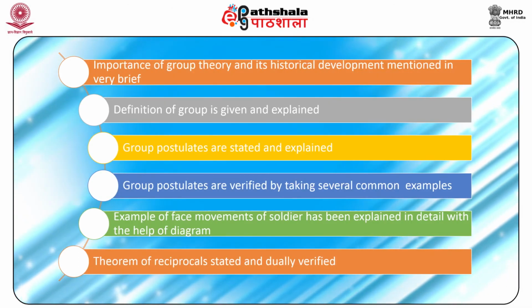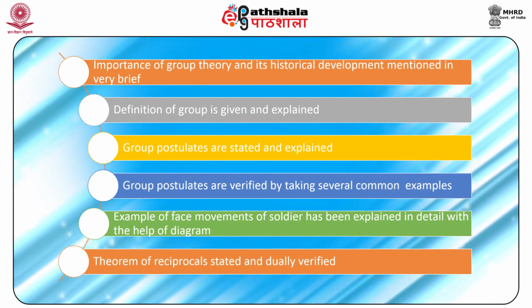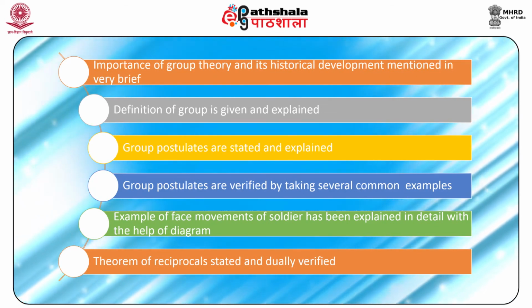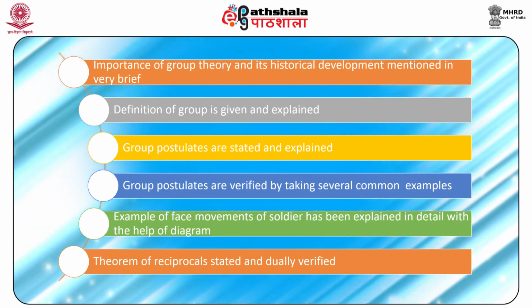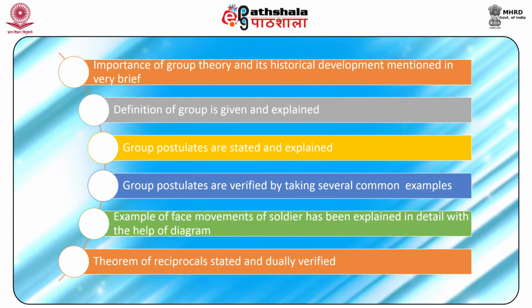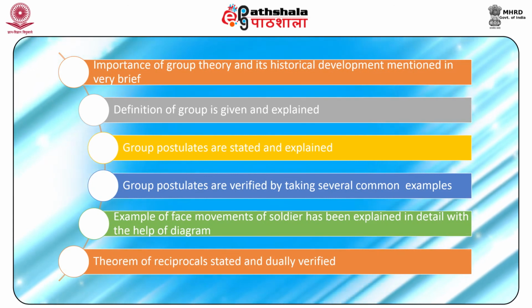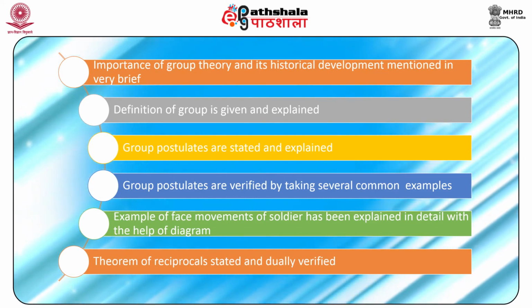Now, in this module, we have learned about the importance of group theory and its historical development, mentioned very briefly. Definition of a group is given and explained. Group postulates are stated and explained. Group postulates are verified by taking various common examples.